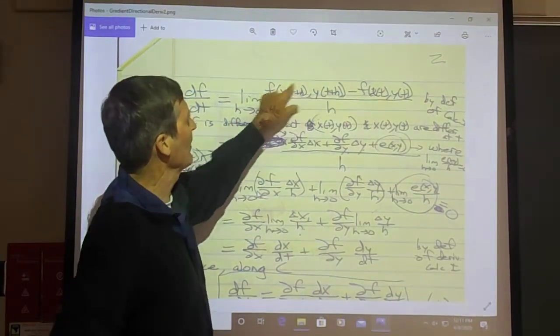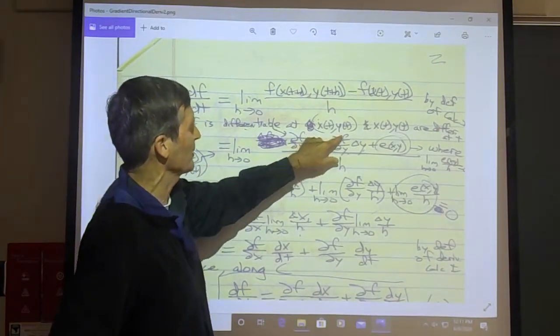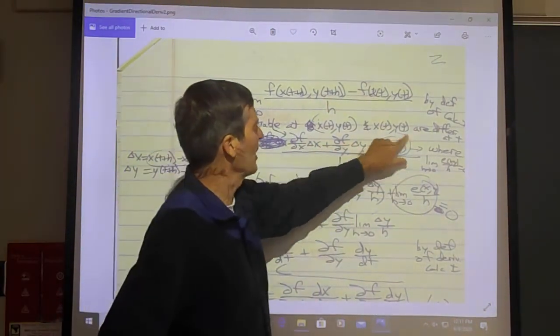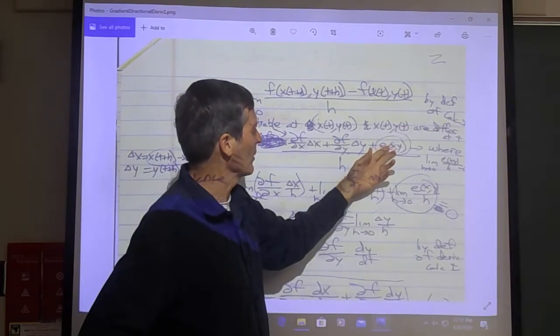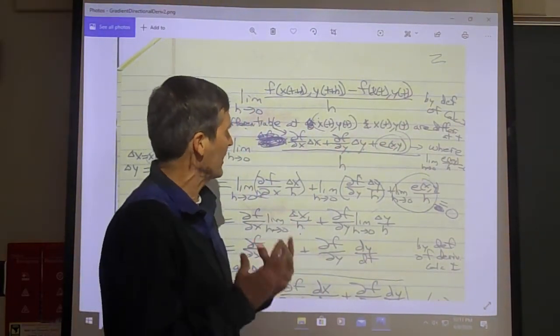f at x of t plus h, y of t plus h is df dx delta x plus df dy delta y plus some e of xy, the error between the actual function and this linear approximation. That was the definition of differentiable.